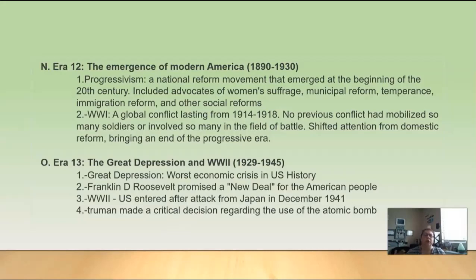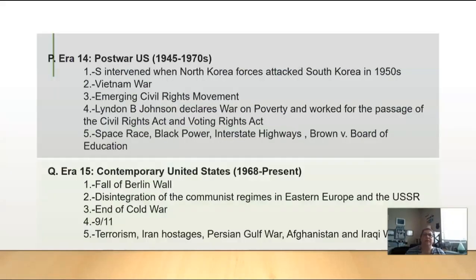There's the time frames, know the presidents in both of those eras, and know those big important days. So, of course, December 1941, the attack on Pearl Harbor, and then how we settled how the war was ended, what was the settlement. So know that information.